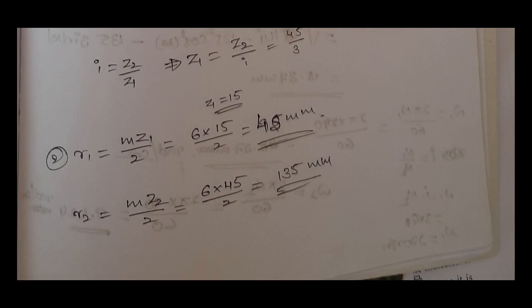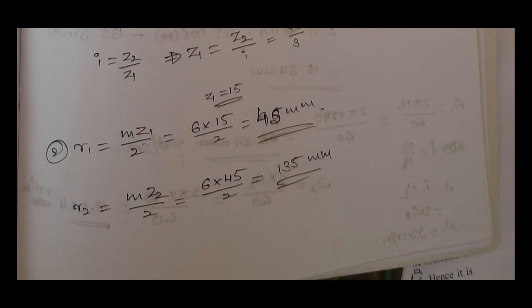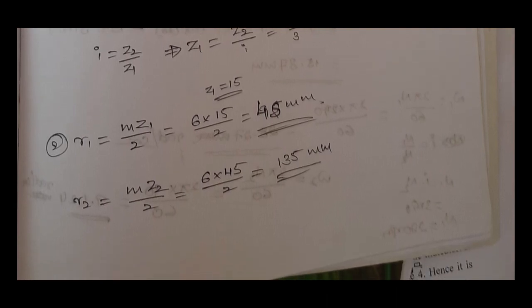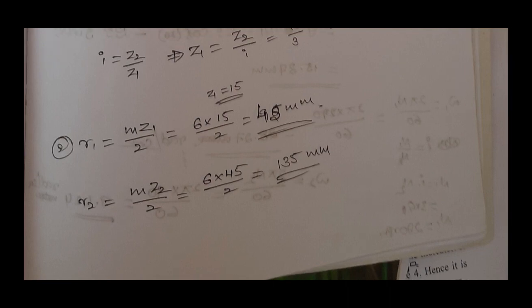For the pinion, R2 is equal to m Z2 divided by 2, that is 6 into 45 divided by 2. With a small calculation, you will get 135 millimeter. That is, the pitch circle radius of the gear is 45 millimeter, and the pitch circle radius of the pinion is 135 millimeter.